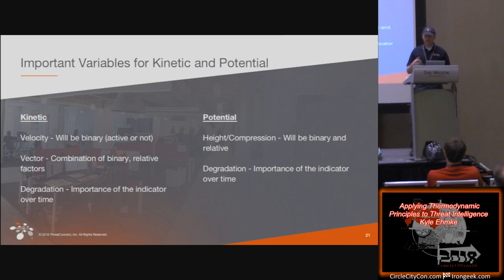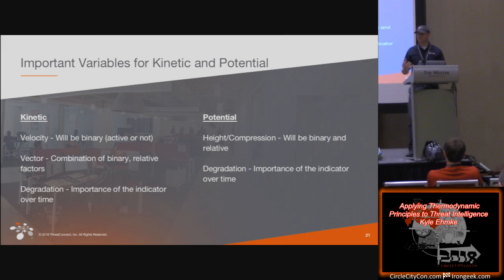Is it active or not? The vector is going to be a combination of binary relative factors. And what do I mean by relative? Well, it's going to depend on your frame of reference, the organization that you're in, the sector that you're in, and what data you safeguard. And that calculated vector will be different depending on those different factors.